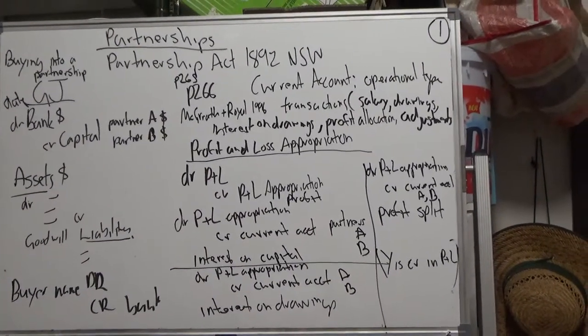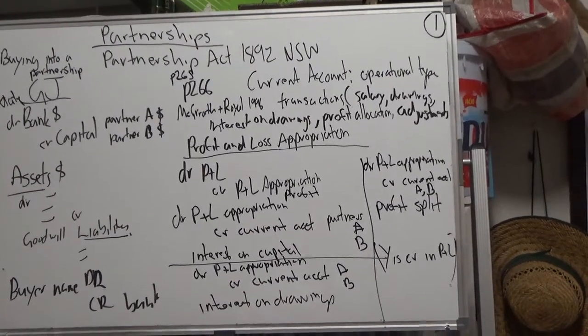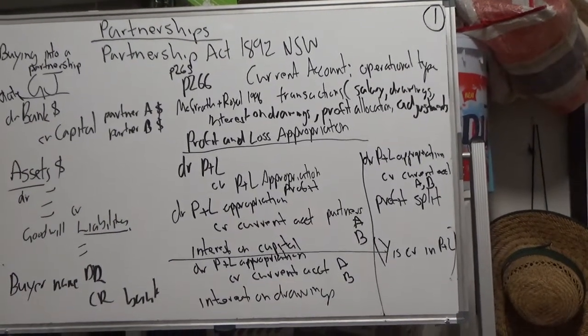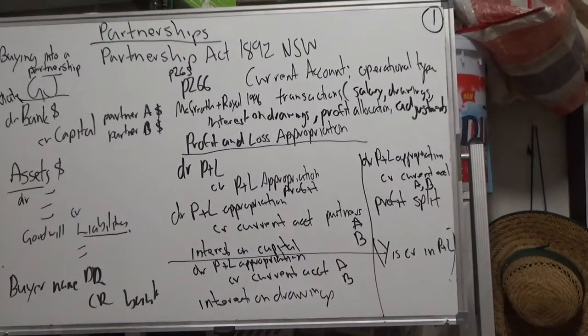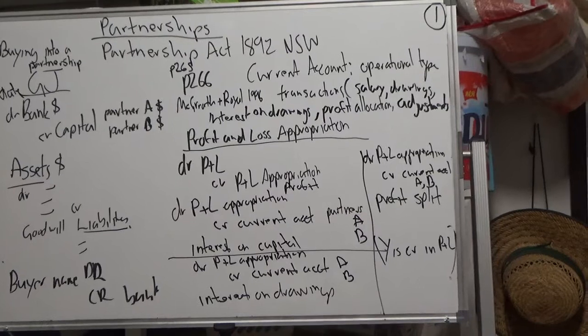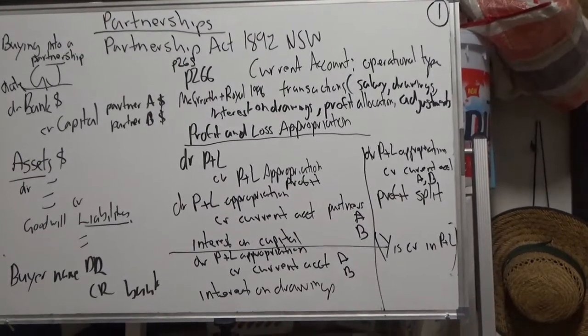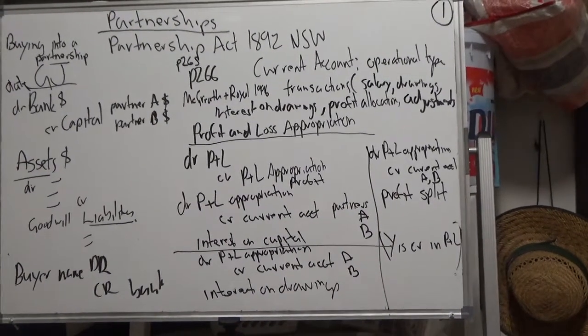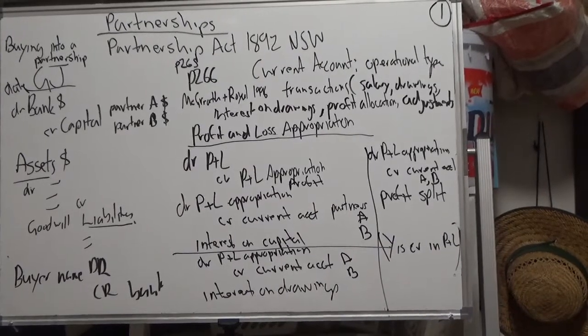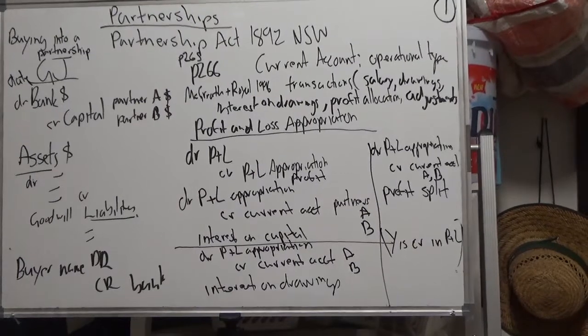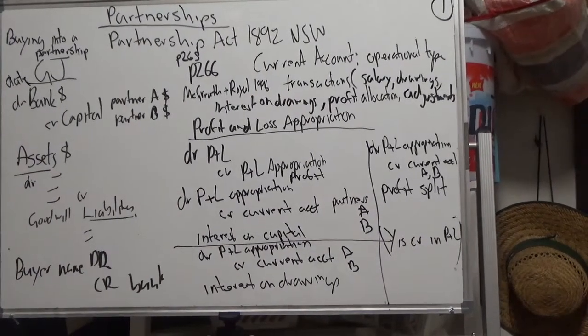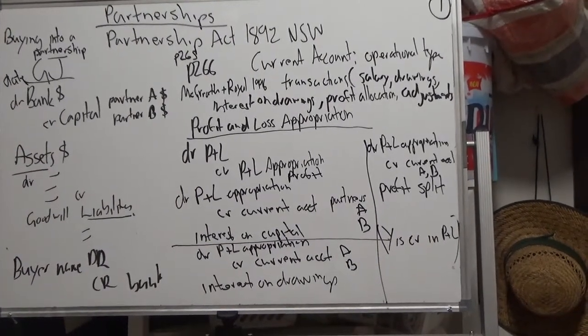Also, we mentioned your current account is your day-to-day type operations: salary, drawings, interest on drawings, profit allocation, adjustments between partners. And profit and loss is a T-shaped ledger, but in the general journal format, the first step, you debit profits, credit profit P&L appropriation account.